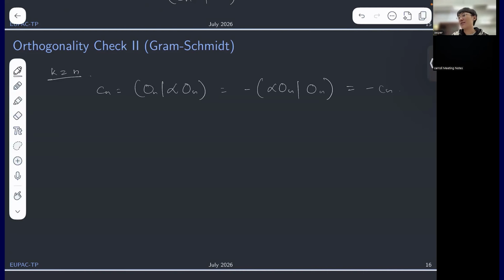And this is just minus Cn, right? This implies Cn is 0. So we have gotten rid of all of this summation, k equals 0 to n, ck: C0 up to C n minus 2, they are all 0.